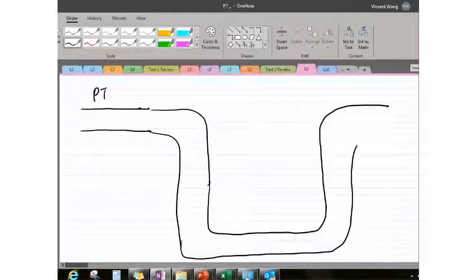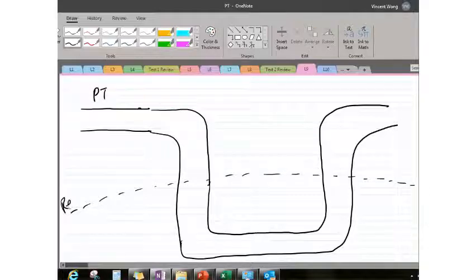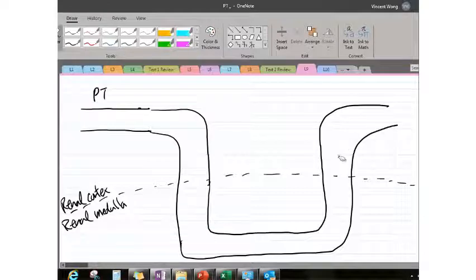So this is the descending limb of the loop of Henle, and the ascending limb of the loop of Henle, and you probably remember that the loop of Henle goes from the renal cortex, dips into the renal medulla, and then comes back up later.